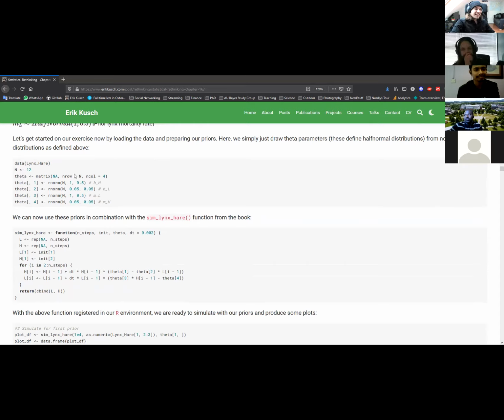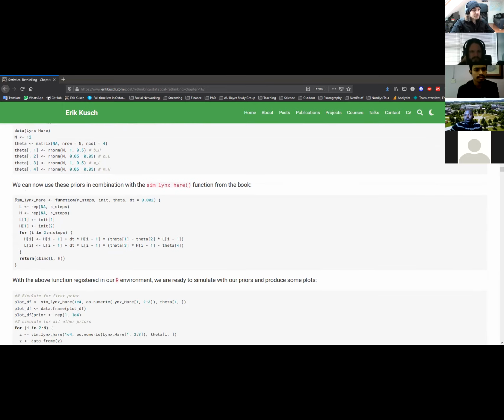Thank you. We just put all of these into one vector, which we call theta, reminiscent of how we did it in the Stan code. Then we use the sim lynx hare function from the book, which just gets fed with a certain number of steps which we're interested in, some initialization, and then our theta priors to try to simulate full-on time series.